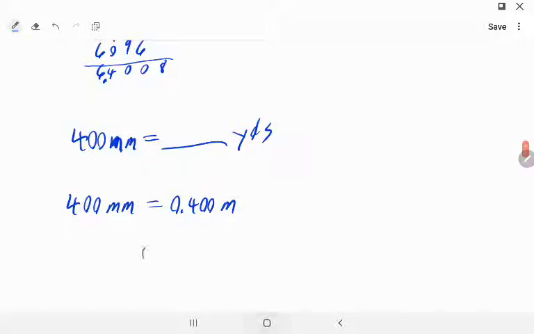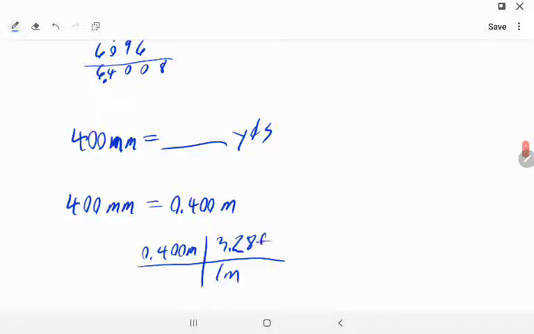We know 0.400 meters, we know 1 meter is 3.28 feet, and then we know 3 feet is equal to 1 yard, and so this gets a little messy.